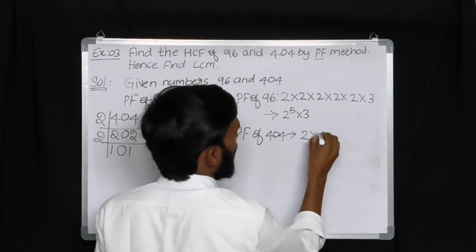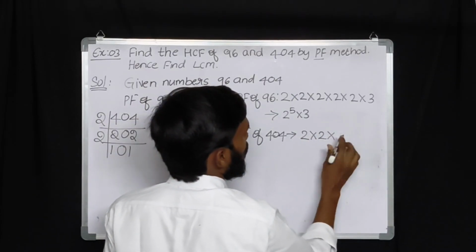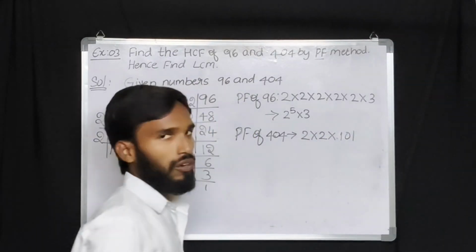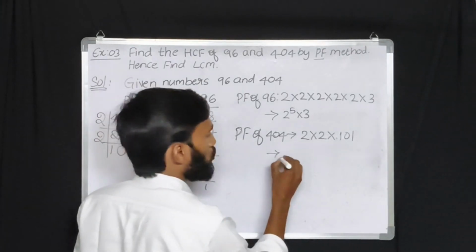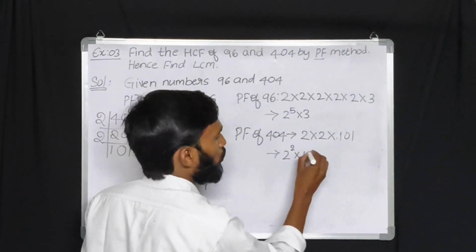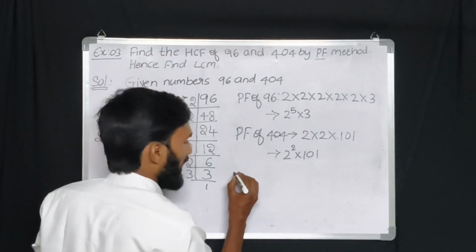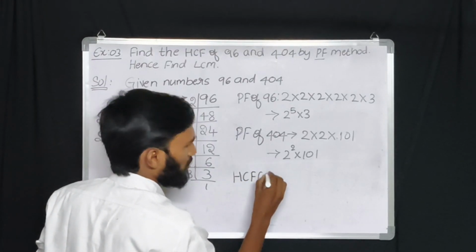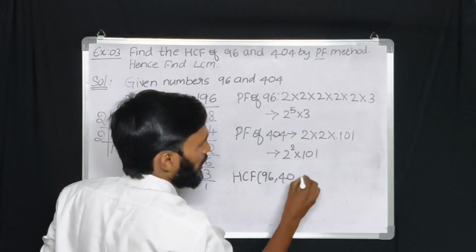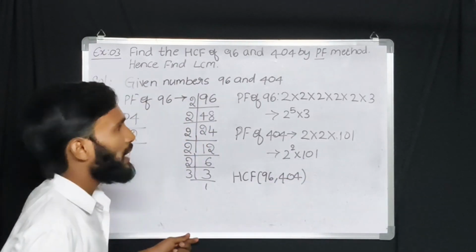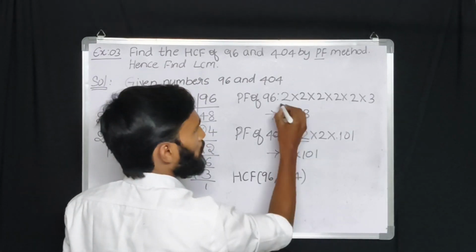Now, what is the prime factorization of 404? That is nothing but 2 into 2 into 101. How many times does 2 come? 2 times, so 2 square into 101. Now, what is the HCF of 96 and 404? See how many times 2 is common in these two numbers? 1 time, 1 time.